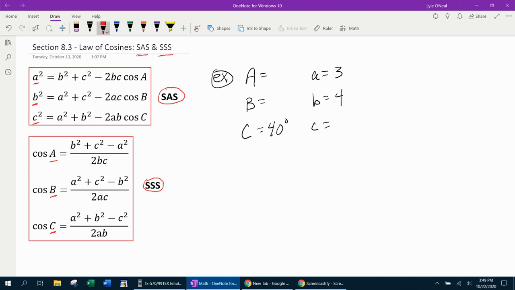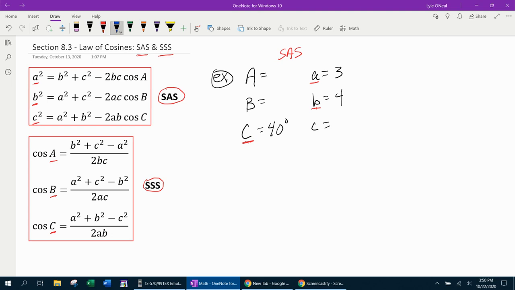It would be nice to know that this is definitely a side-angle-side. We are given an angle, but to make sure that this is side-angle-side and not side-side-angle like the previous section, notice that all three pieces given are different letters: an A, a B, and a C. As long as one of those letters is an angle, if all three letters are different, that is definitely side-angle-side.